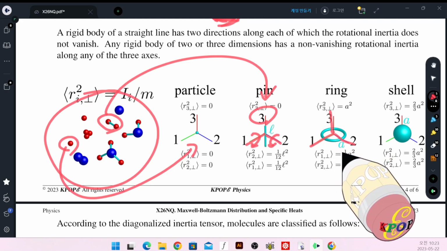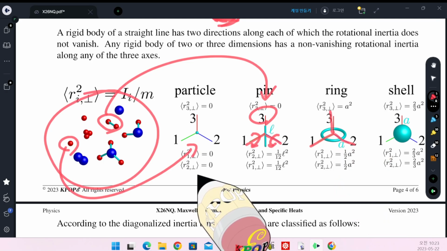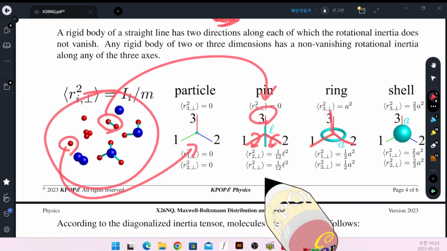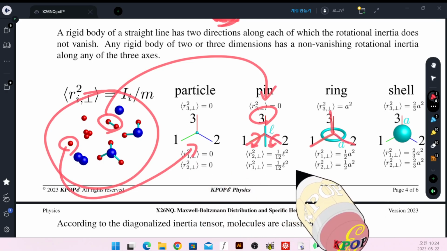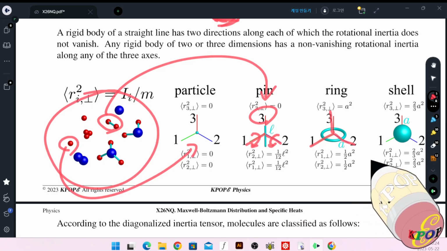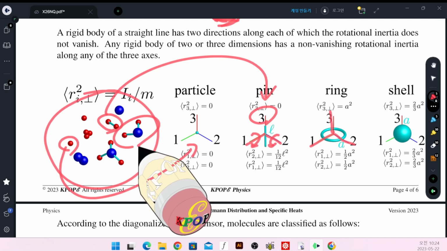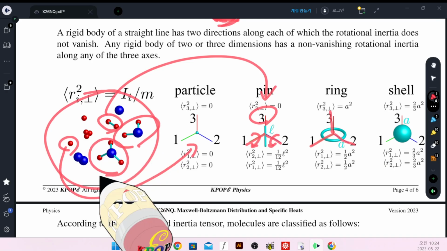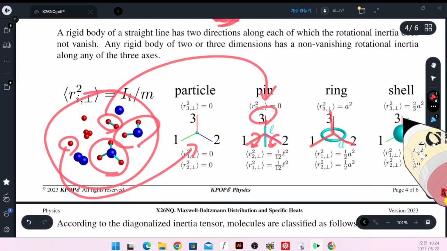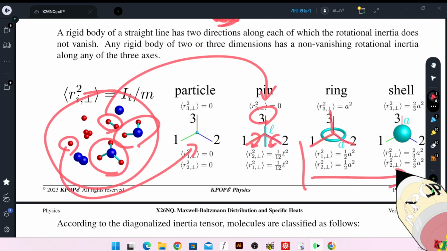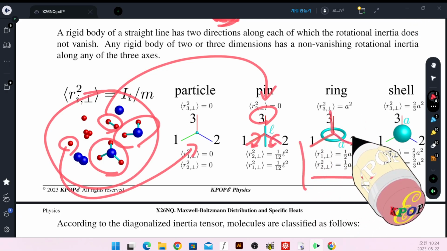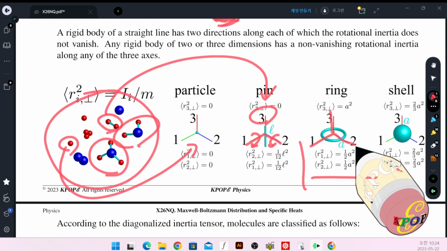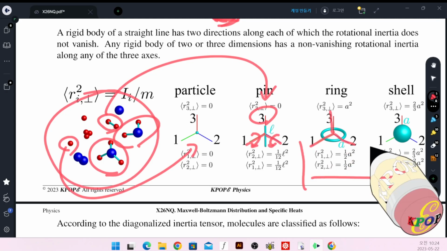Okay, so we have monatomic molecules and diatomic molecules, and then if you have three or more atoms, from 3 on, the rotational inertia doesn't vanish along any of the three Cartesian axes.